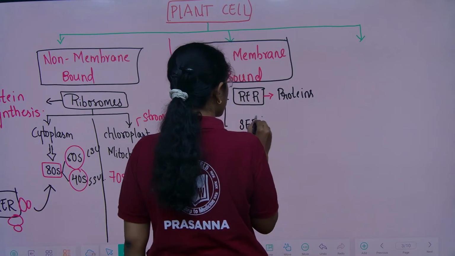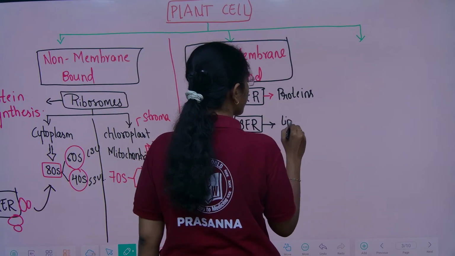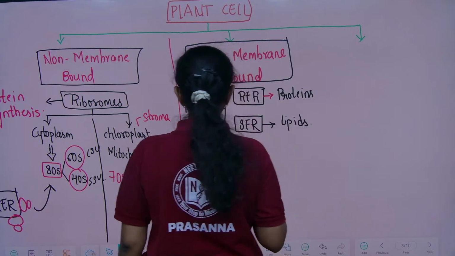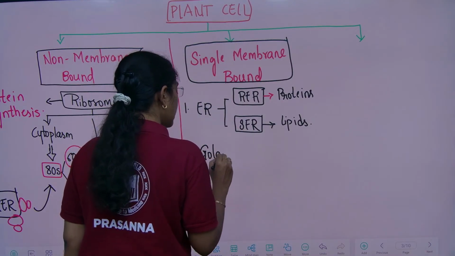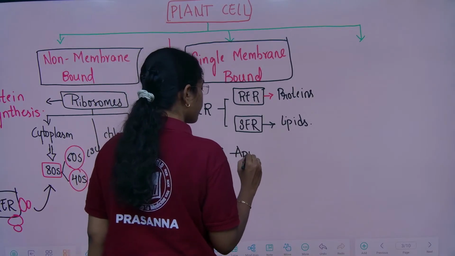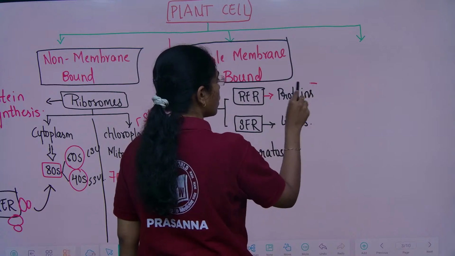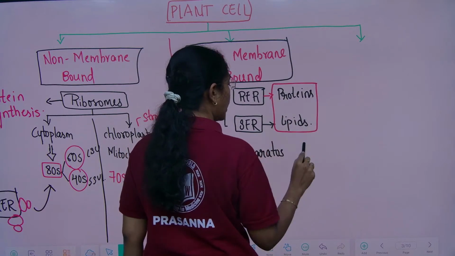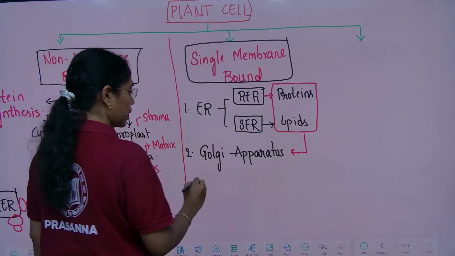Smooth endoplasmic reticulum is involved in the synthesis of lipids. The lipids and proteins synthesized here are transferred to the Golgi apparatus. And here in the Golgi apparatus, the lipids and proteins are completely packed.